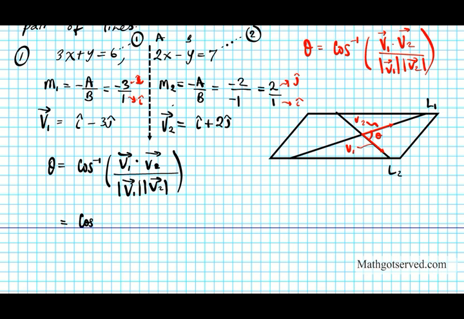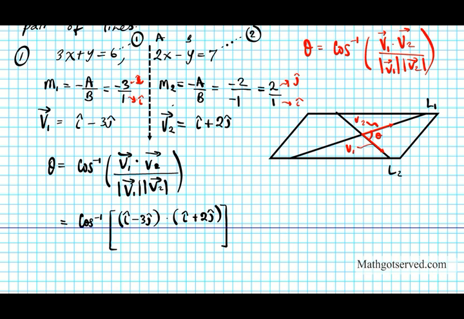Okay, so we're going to have the inverse cosine of, let me make that a bracket. We're going to be doing some nesting here. So v1 is i minus 3j. That dotted with v2, which is i plus 2j.